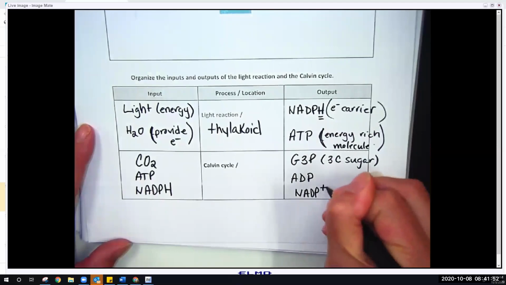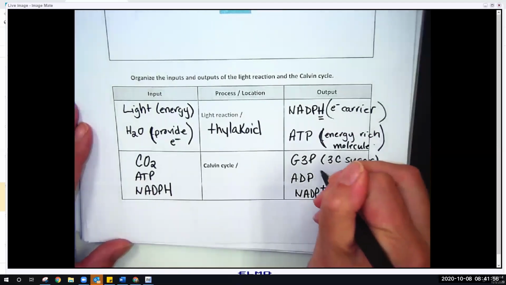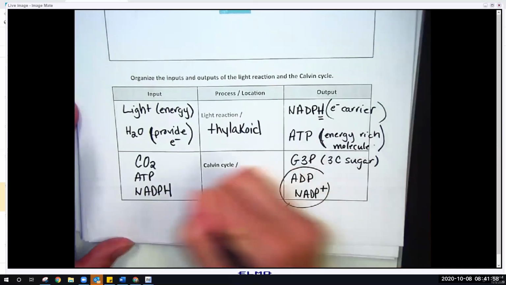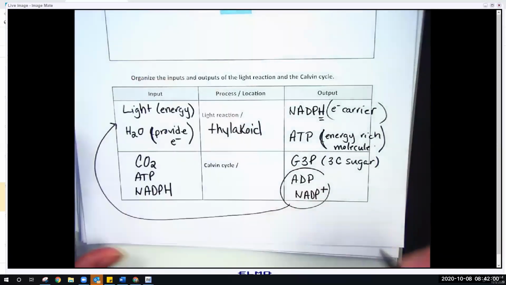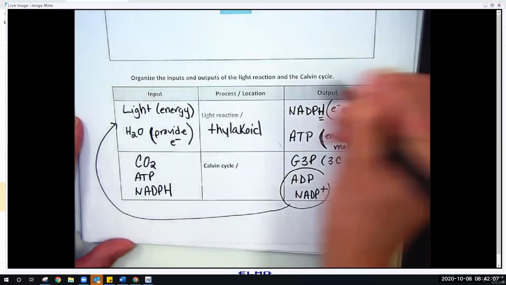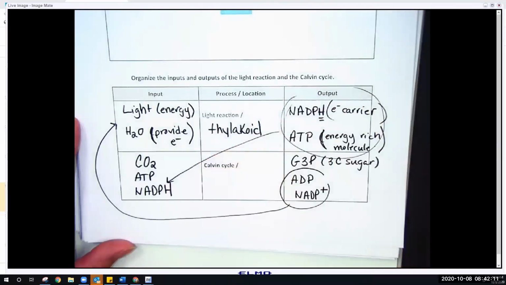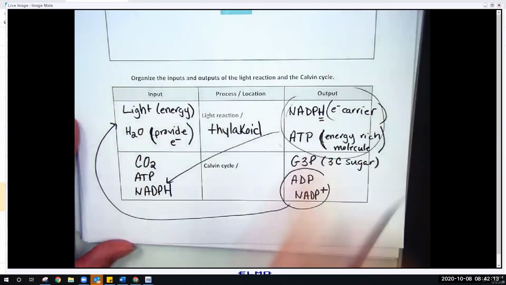So we also make NADP+. And then what I'm going to put here is just know that these are also needed for the light reaction too. Because we see that these outputs right here are going down here, and that we need to generate these for the light reaction as well.